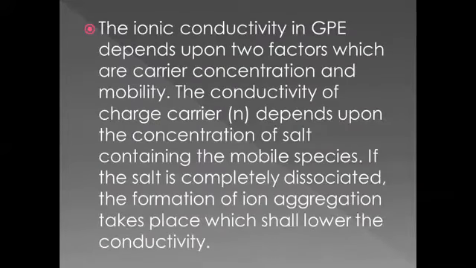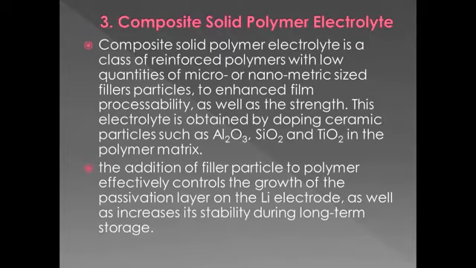The ionic conductivity of gel polymer electrolyte depends upon two factors, which are carrier concentration and mobility. The charge carrier concentration N depends upon the concentration of the salt containing the mobile species. If this salt is not completely dissociated, the formation of ion aggregation takes place, which shall lower the conductivity.